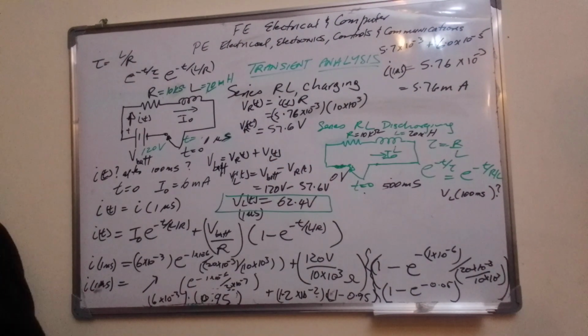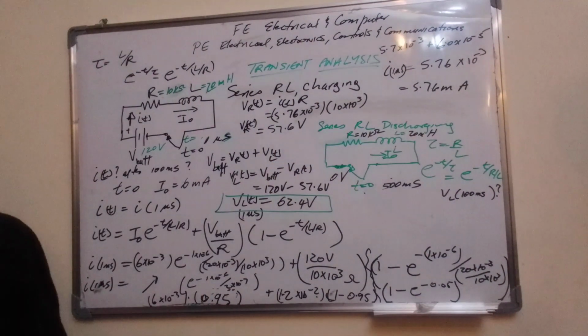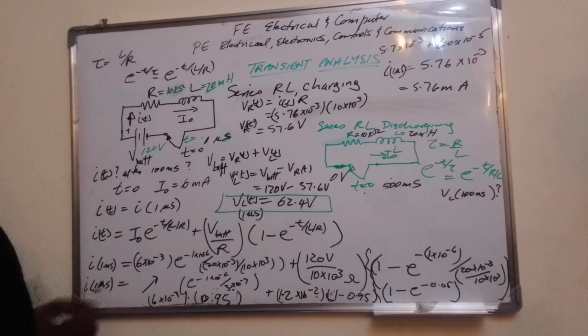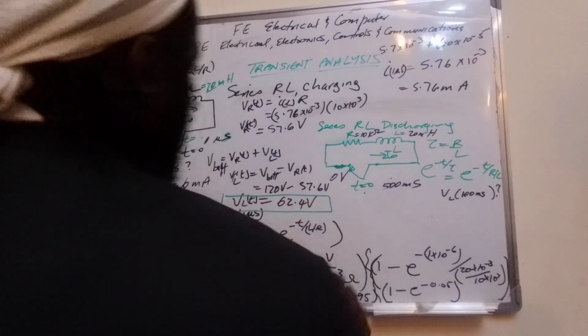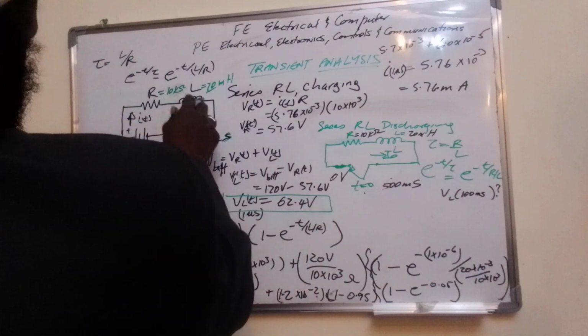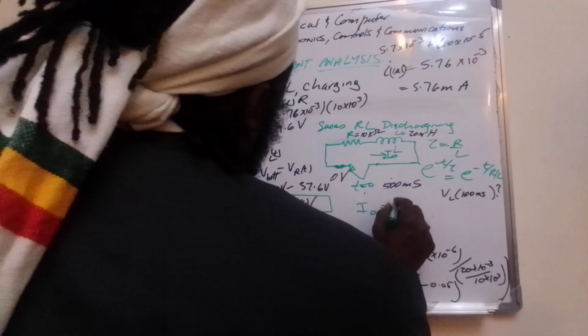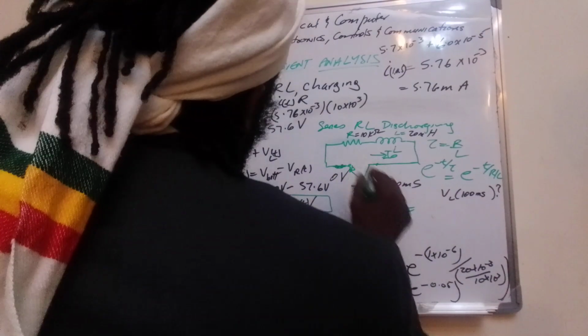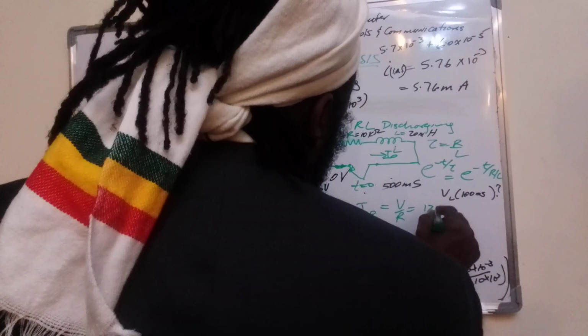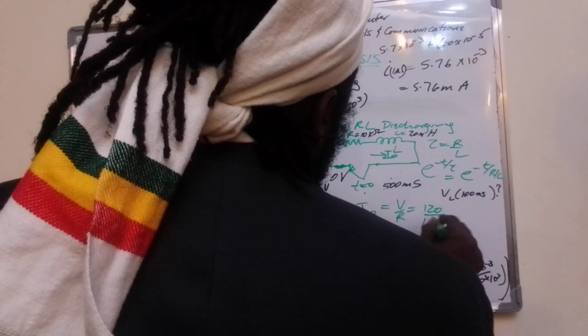And what is the maximum possible current flow? Probably when the inductor is acting as a short circuit. So let's say it started at V over R, which means that this acts as a short circuit. So the maximum I sub naught is equal to V over R, which is 120 volts divided by R of 10 times 10 to the third, the 10k ohm resistor, right?